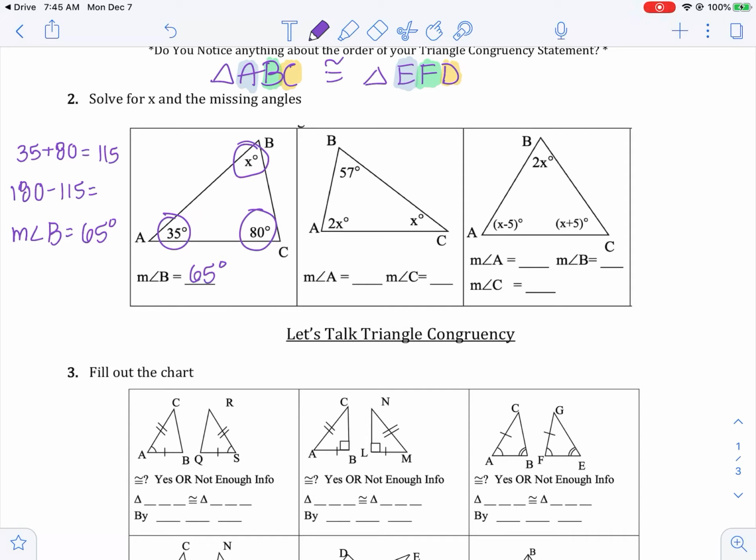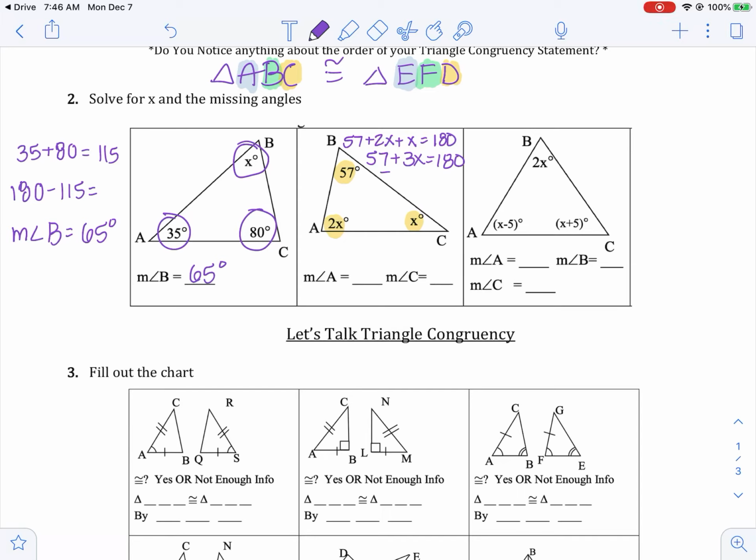Okay? And then these ones get a little trickier, because we have to think, how can I write an equation with all of these? I'm going to take 57 plus 2x plus x, because all three of my angles added up, and I'm going to set that equal to 180. So this simplifies to 57 plus 3x equals 180.